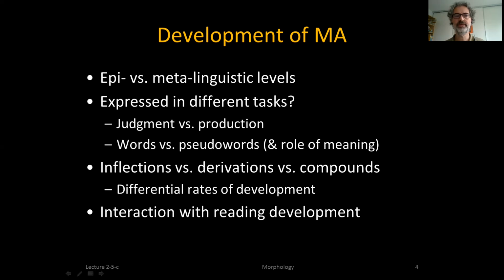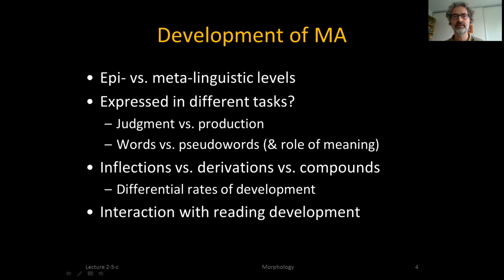And that would be called an epiphonological level. When one has developed a full-fledged understanding and ability to consciously manipulate these elements, then one has full-blown phonological awareness, and you can say they're at the metaphonological level of operation.